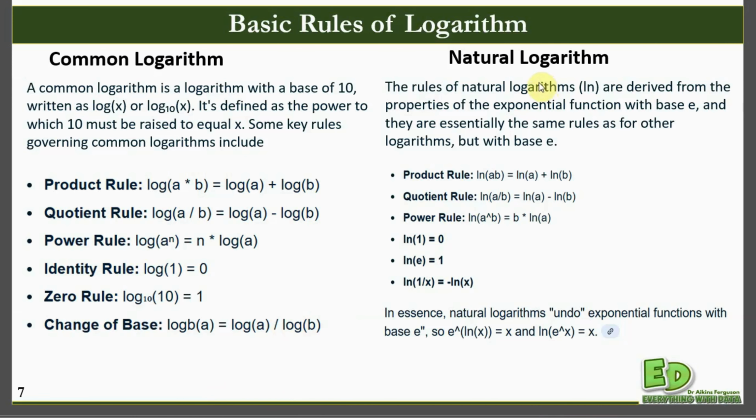On the right-hand side here, we have the natural logarithm, or what is called ln. The rules of natural logarithms are derived from the properties of the exponential function with base e, and they are essentially the same rules as for other logarithms, but with the base e. The natural logarithm is a logarithm with the base e, where e is approximately 2.71828.